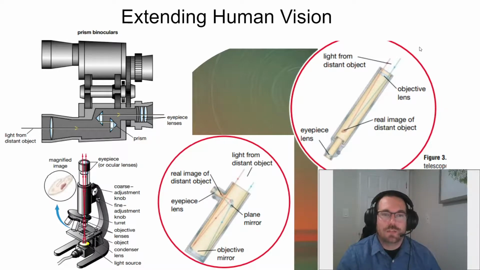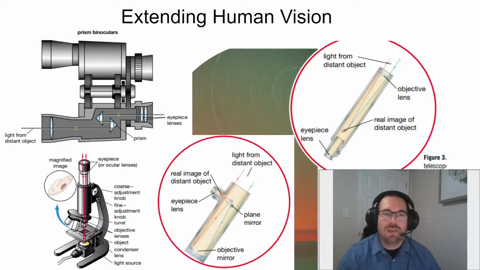The magnification required for this feat was 280 times the normal image of the object. Now we have modern compound light microscopes that can easily magnify objects well beyond 2,000 times magnification.